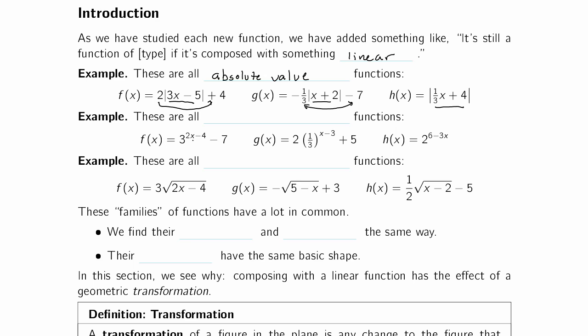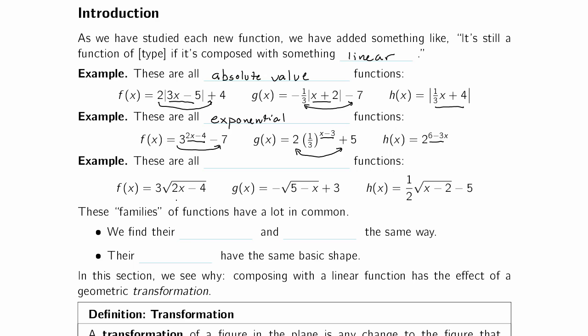So here I have an exponential expression, something linear happening inside, and then subtracting 7 is something linear outside. Something linear inside, something linear outside. And this one again just has something linear happening inside. These are all exponential functions.